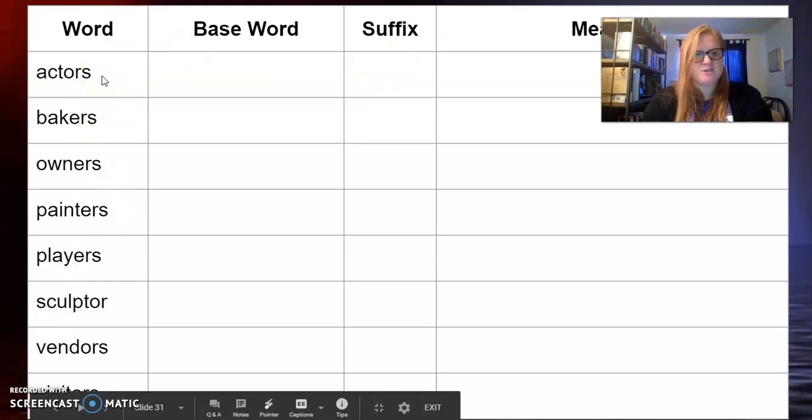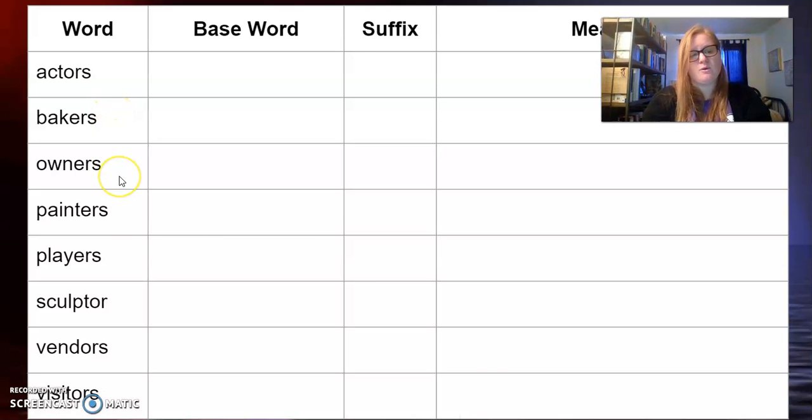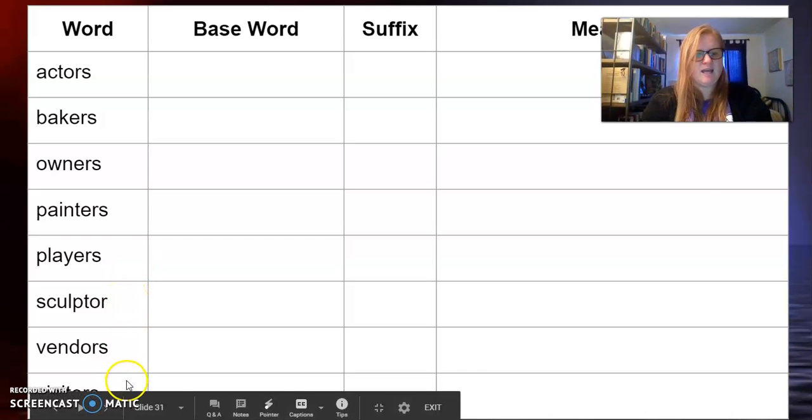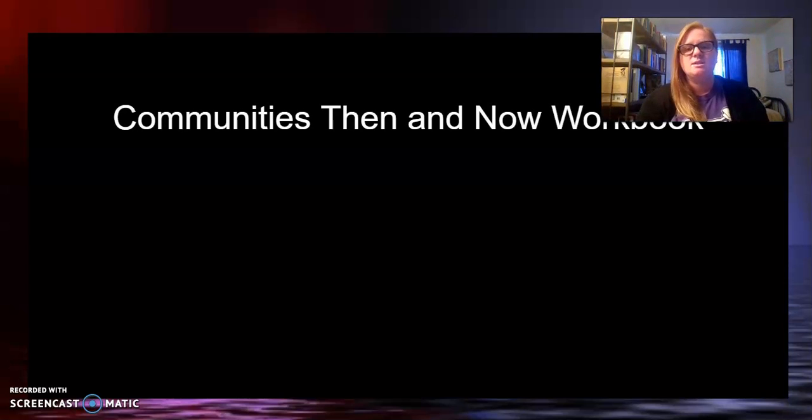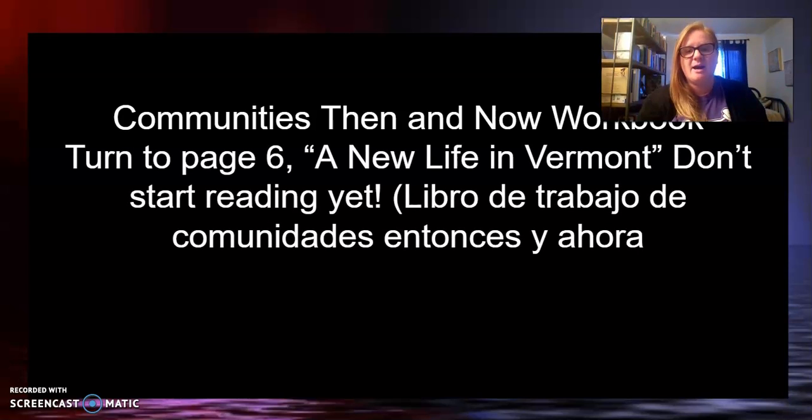We have actors, bakers, owners, painters, players, sculptor, vendor, and visitors. So that's it when it comes to our language lesson about how words are built, and that is your spelling lesson. So now we're going to talk about A New Life in Vermont.